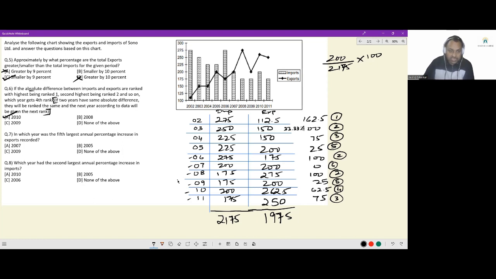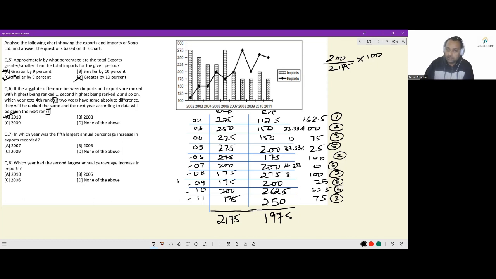Here the percentage increase is 0. Here the percentage increase is 33.33. Here there is a percentage decline. So I don't really bother. Here the percentage increase is 1/7, so 14.29 or 14.28.